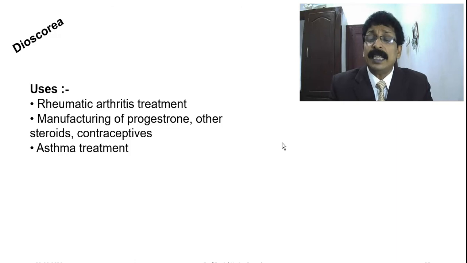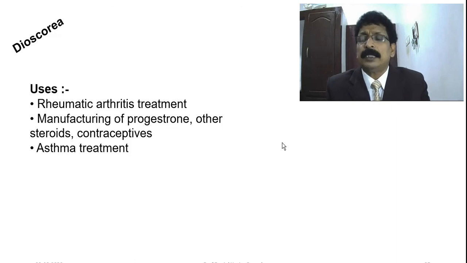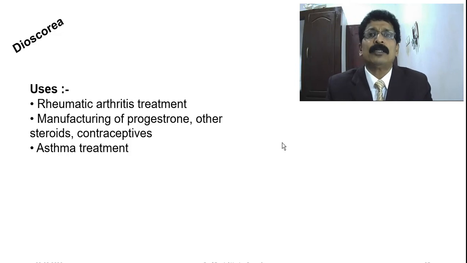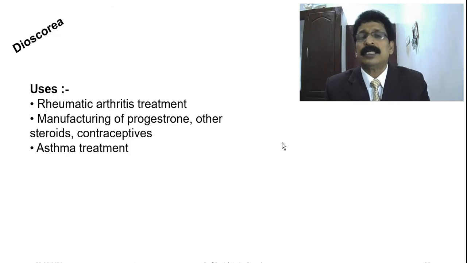We are not looking at the microscopy of this because it is not in the syllabus, but for the next drugs, like digitalis and licorice, it is necessary for us to study microscopy and macroscopy. Cultivation and collection are also needed, apart from the chemical constituents.